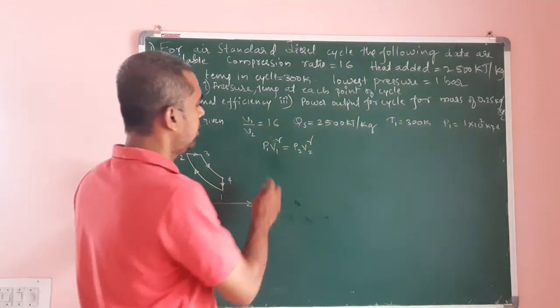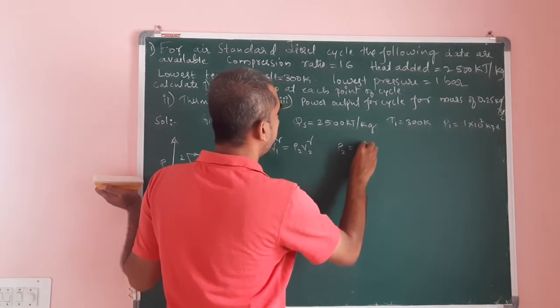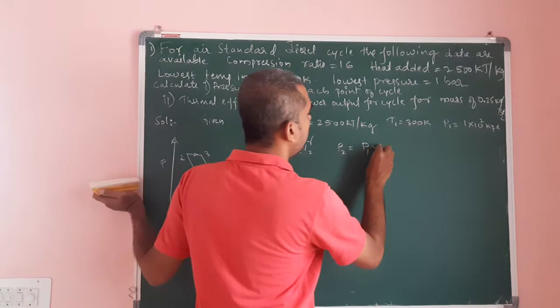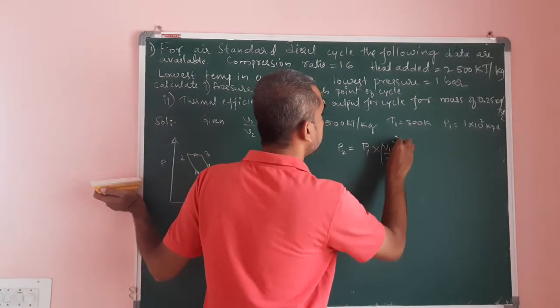Okay. We can calculate P2 like this. P2 is equal to P1 into V1 by V2 raised to gamma.